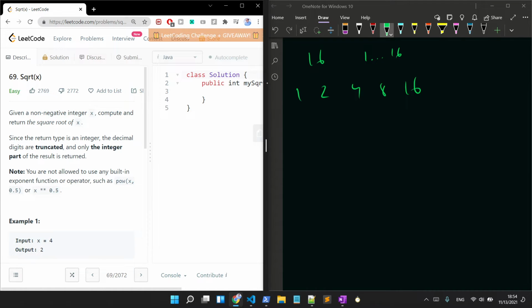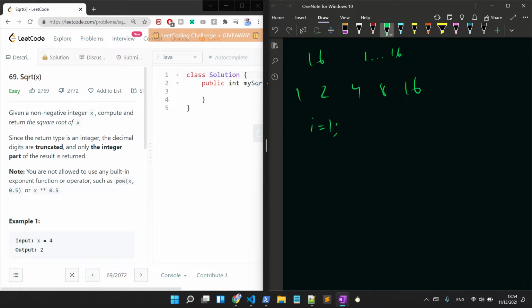So the idea is we probably don't know the square root, but for your for loop, you can start at 1. Normally, if it was a different type of problem, you'd say as long as i is less than or equal to the square root of x, but we can't do that in this case.